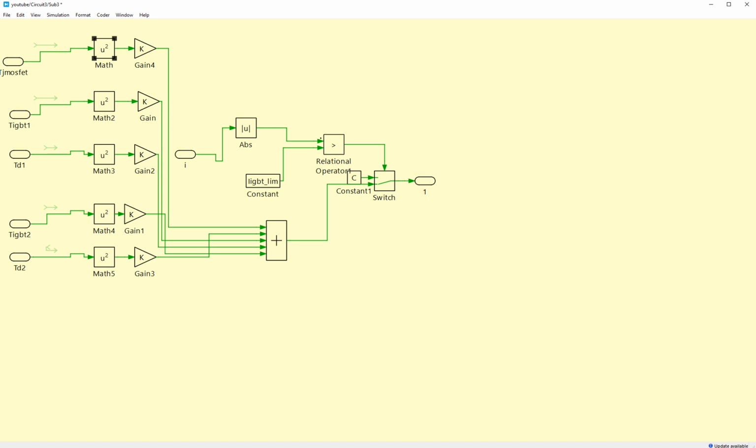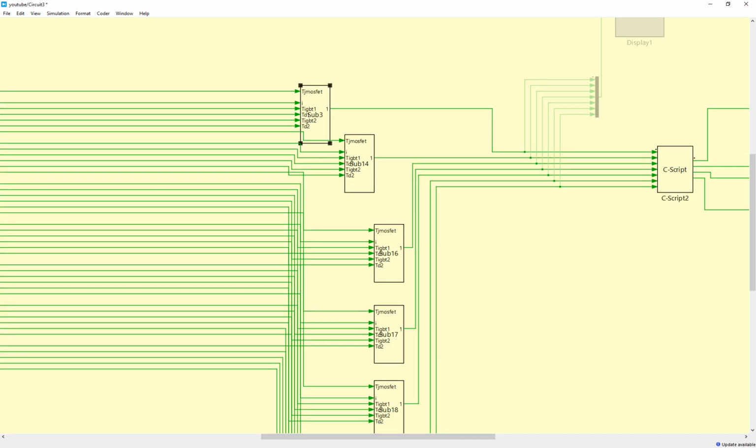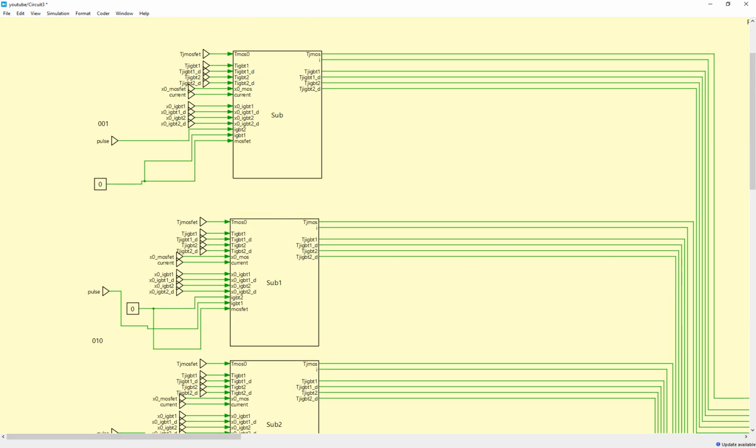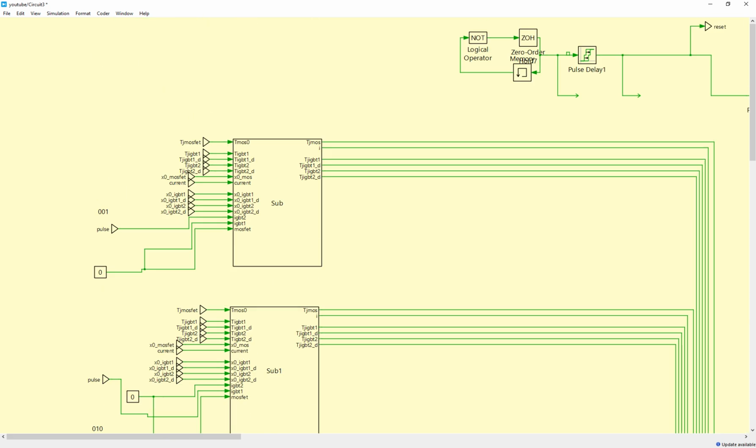Obviously some states are discarded because of their limit. There's a limit on the current for each device. For example, if the current is large, you cannot have this configuration with only one IGBT on, because the current is too high and it can damage the IGBT.